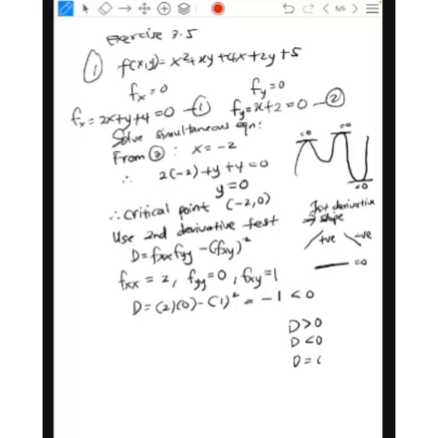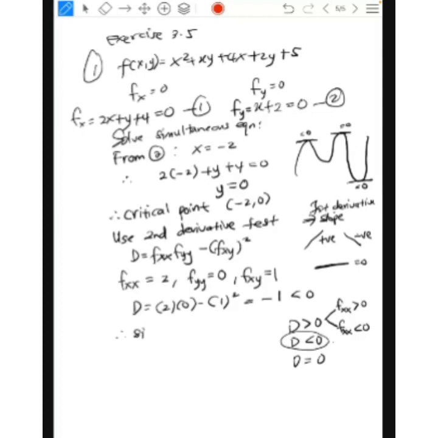Okay, what's given is only the formula for the second derivative test. So when the case is D greater than 0, there will be two other options, either fxx greater than 0 or fxx less than 0. Now we have D less than 0.